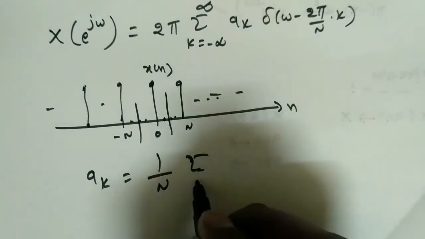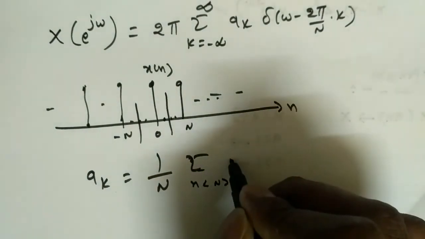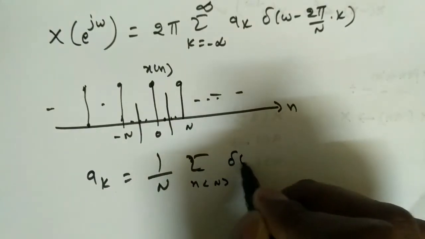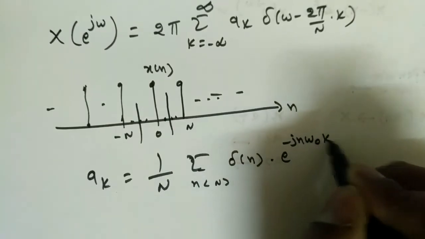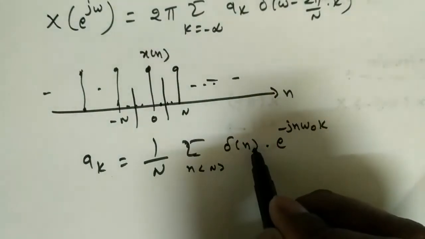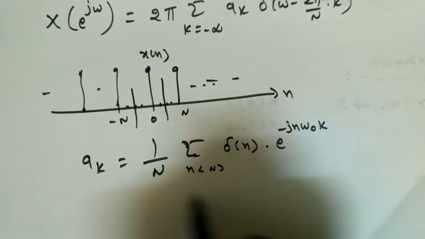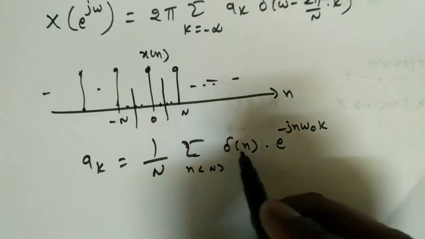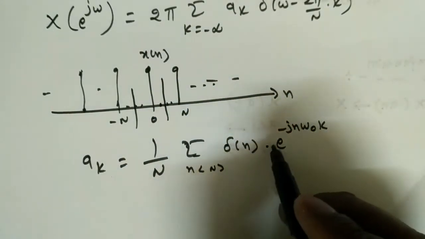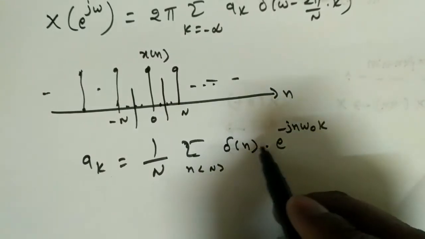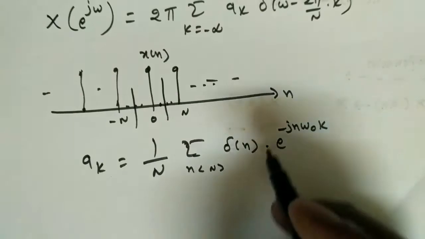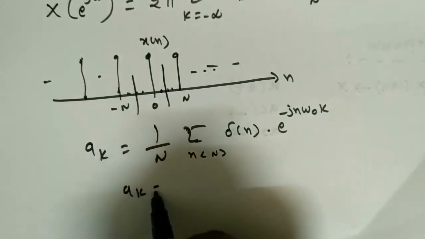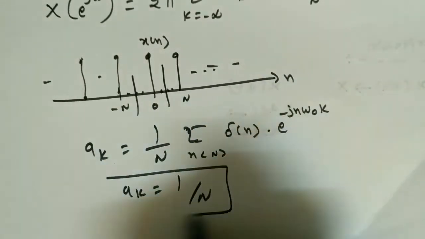Then we get x of n, simply delta n into e^{-jnω0k}. Now what is n minus n0? We know the impulse function property: if there is delta n minus n0 into x of n, the result will be x of n0. Anyway, n0 is here 0, so e^{j0} will be 1. So a_k will be simply 1 by N.